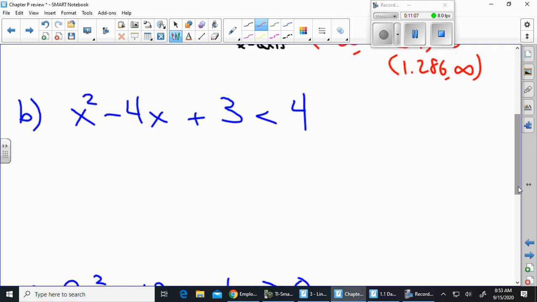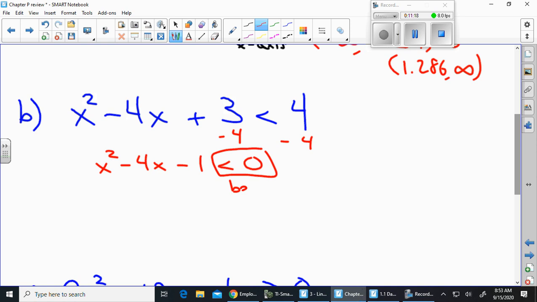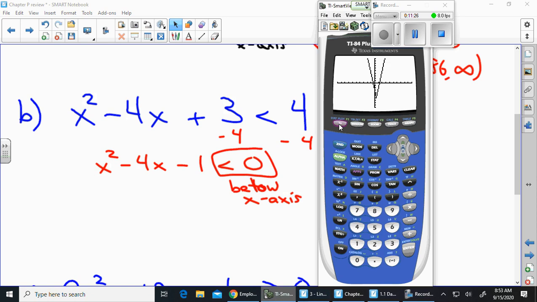So this one, I'm going to subtract 4 first. x squared minus 4x minus 1 is less than 0. So this is going to be below the x-axis. So I get out my calculator. I put in x squared minus 4x minus 1.